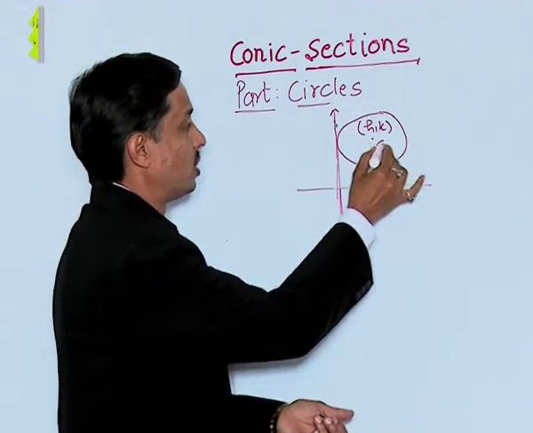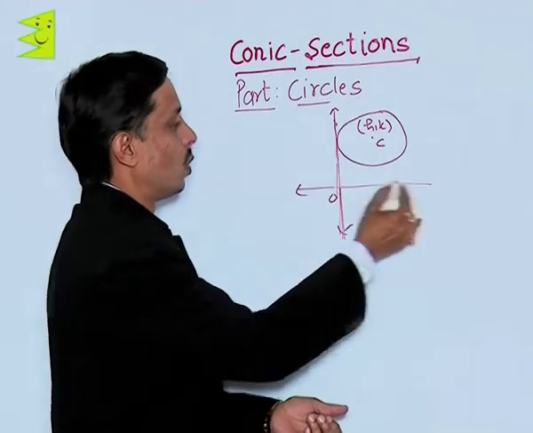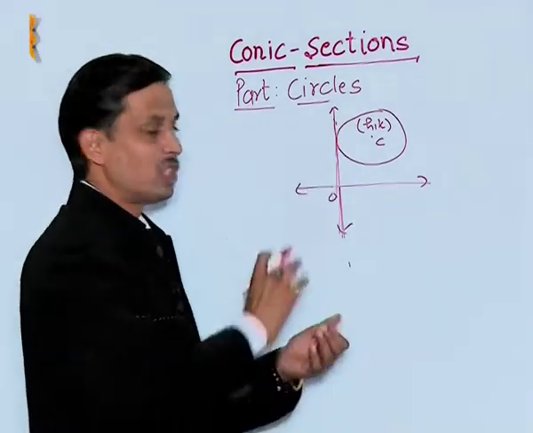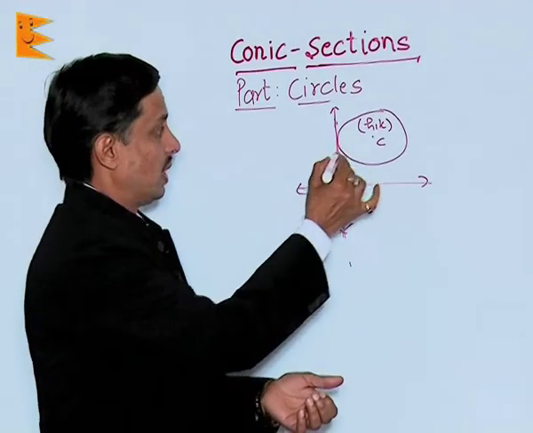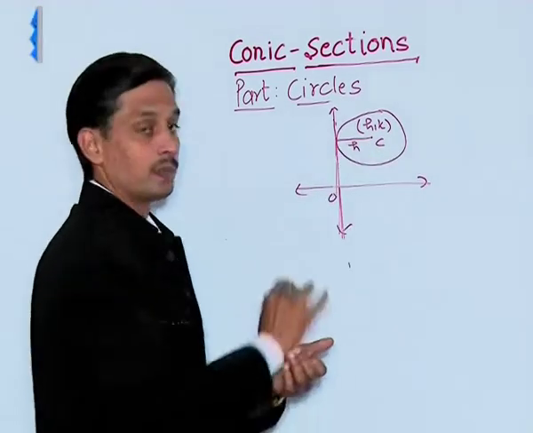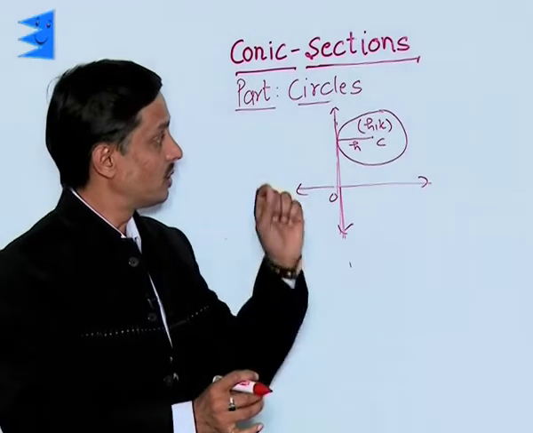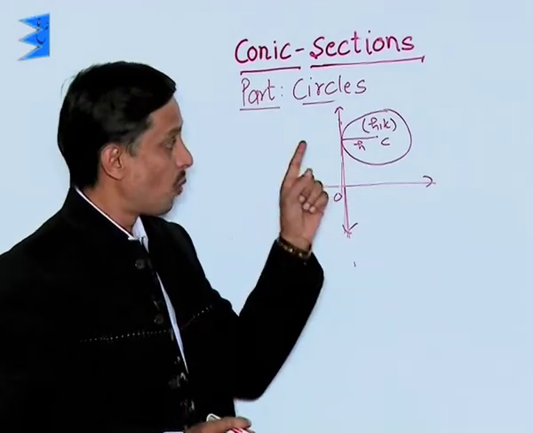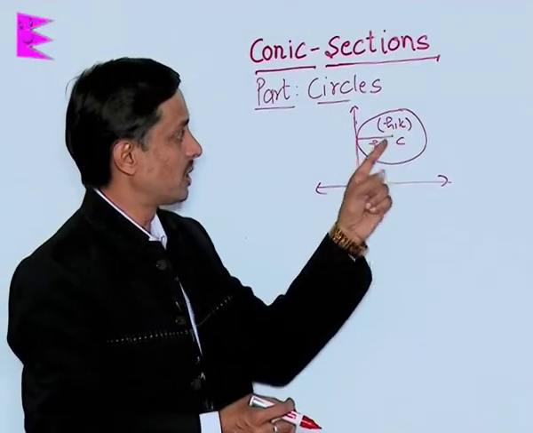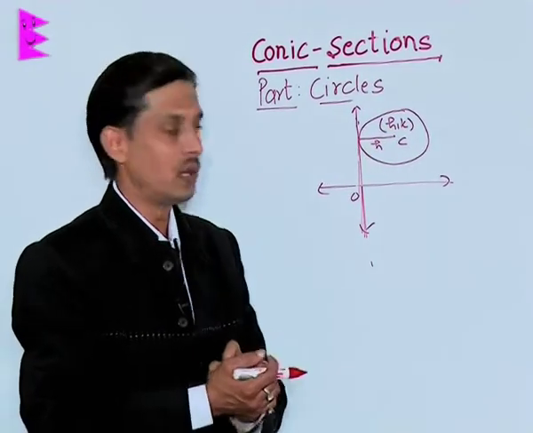Say this point is C, origin is O, x-axis and y-axis as usual. In this situation, you can observe that this length is h. So if a circle is touching the y-axis, then the x coordinate of the center is equal to the radius.